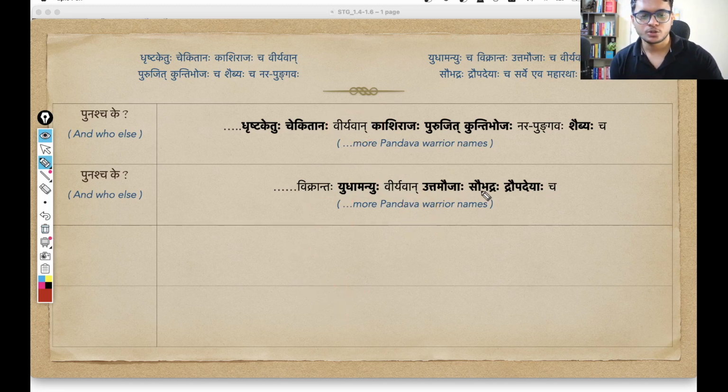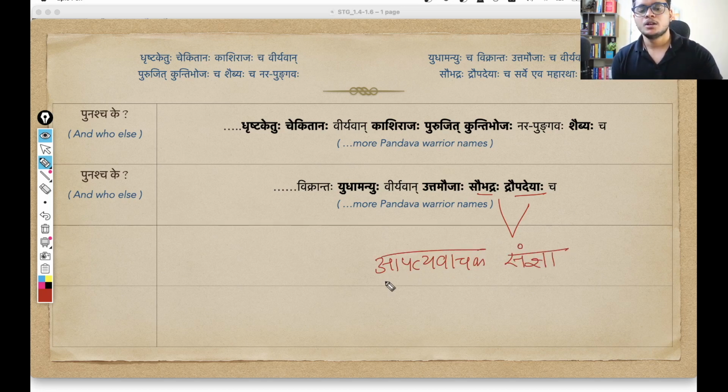And then you have Saubhadra and Draupadeya. These words are known as Apatya Vachak Sangya. Sangya means noun. Apatya Vachak simply means whenever we derive a relation from a single name.